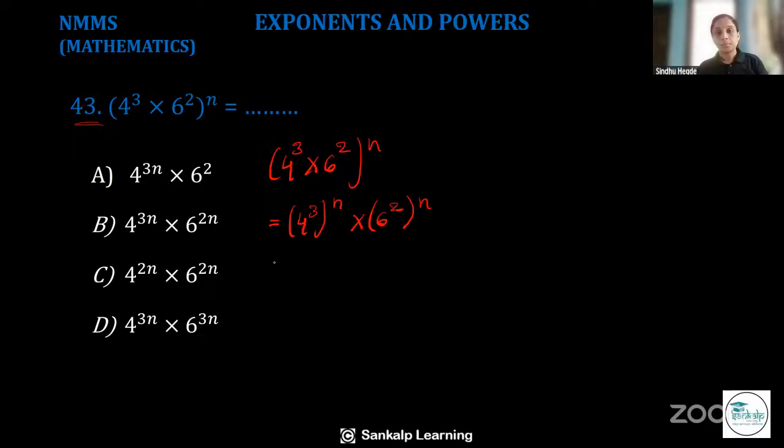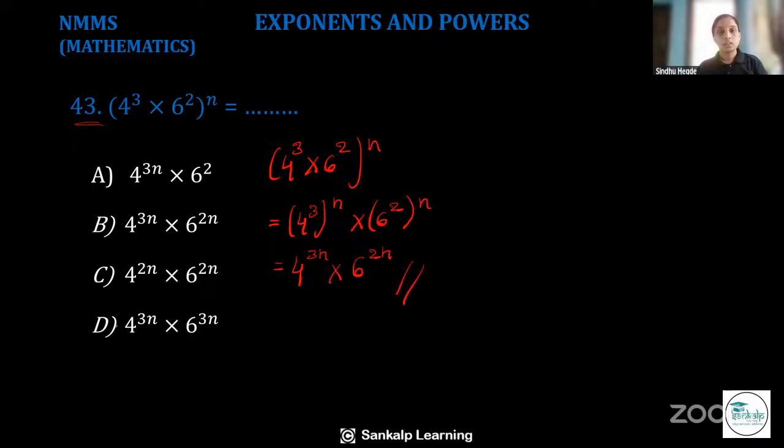Then 4 raised to 3 into n is nothing but 4 raised to 3n, and 6 raised to 2n is nothing but 6 raised to 2 into n. We cannot simplify further because both the bases are different. If they had the same base, we could do the calculation one more step. But here both contain different bases. So stop here. This is our answer.